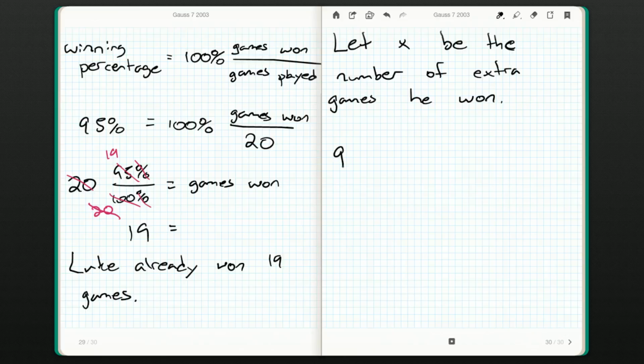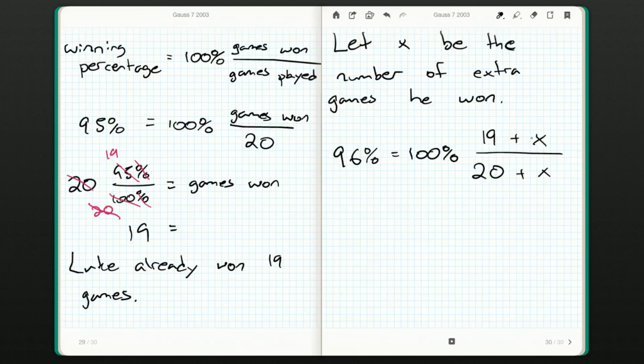So 96 is what we want, and that's our winning percentage, so that's 100% times the games he won. Well, he won 19 already, and then we're saying he won X more, over how many games he played. Well, he played 20 already, and he hasn't lost any more games, and he's won X of them. There will be X more games that he played. Okay? See how that's set up?